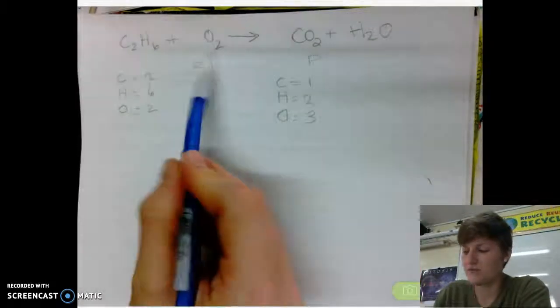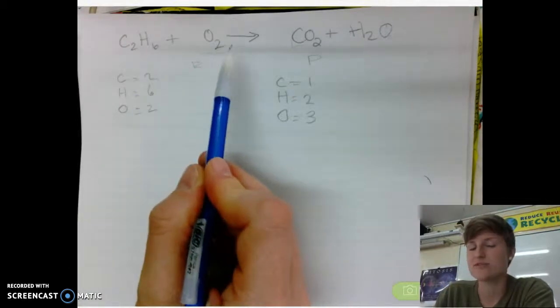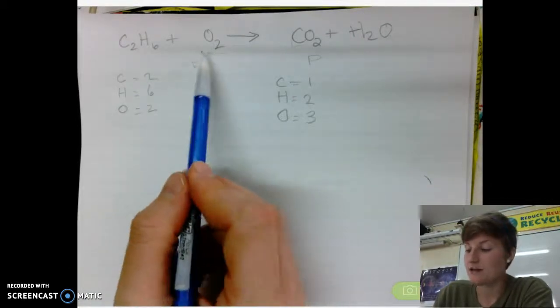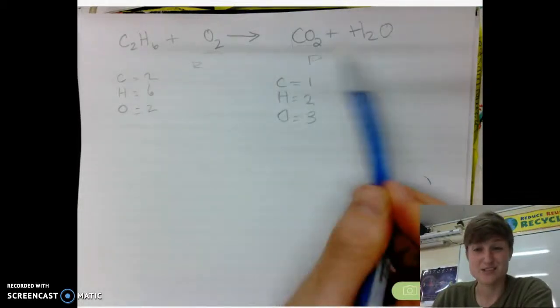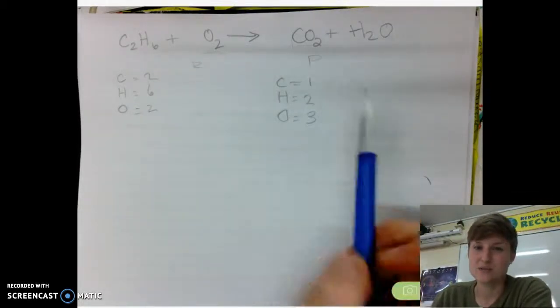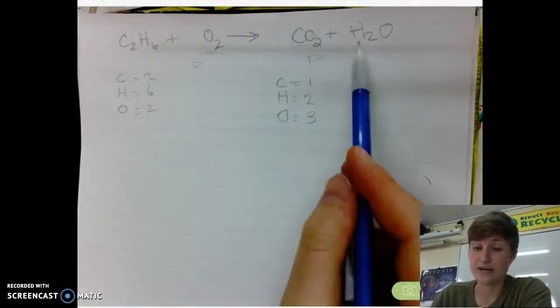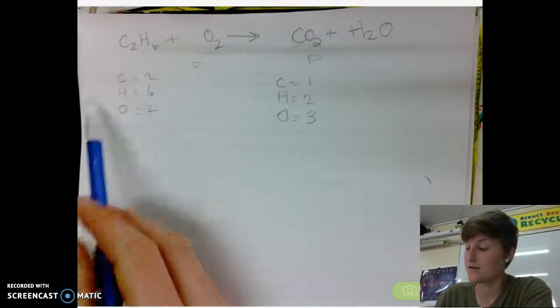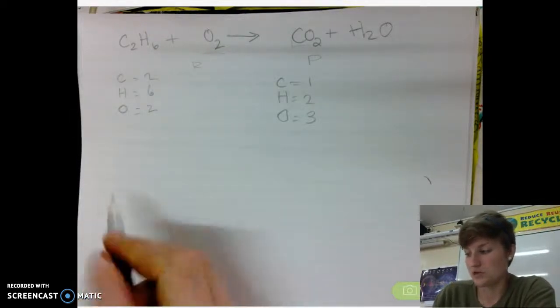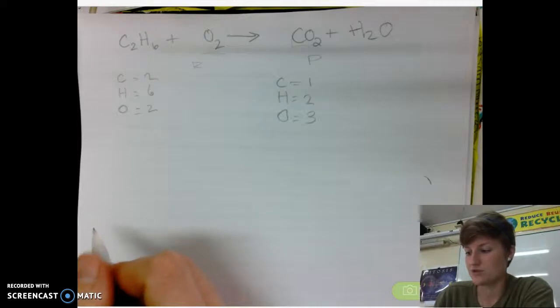All right, so now, usually I would tell you if an element is by itself, start with that one. However, oxygen is by itself on this side, but on this side it's in 2 places. So it would be easier to either start with your hydrogen or start with your carbon. And so we're going to go ahead and start with hydrogen.